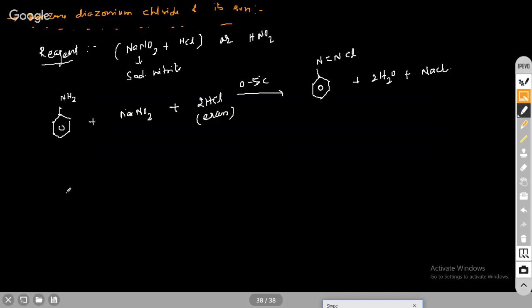Now, to understand this reaction, first of all, aniline, that is C6H5NH2, reacts with HCl. What does it form? Can you tell me? We have done this reaction. It forms a salt, right? Yes or no? We'll get a salt here first, which is NH3 plus and Cl minus.